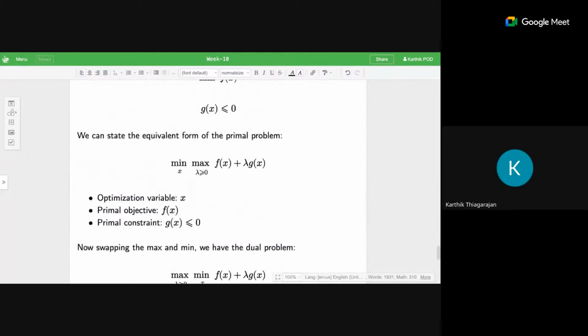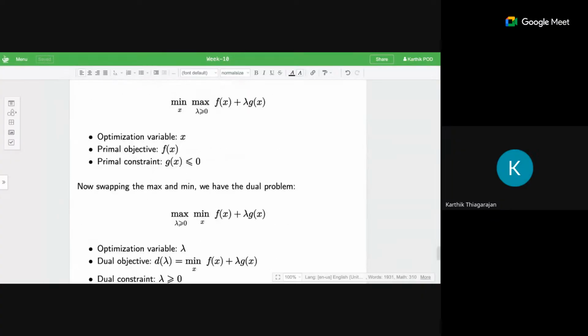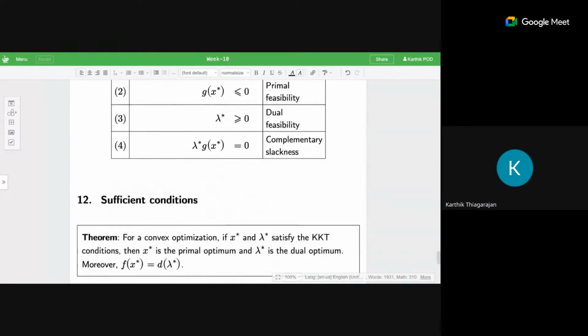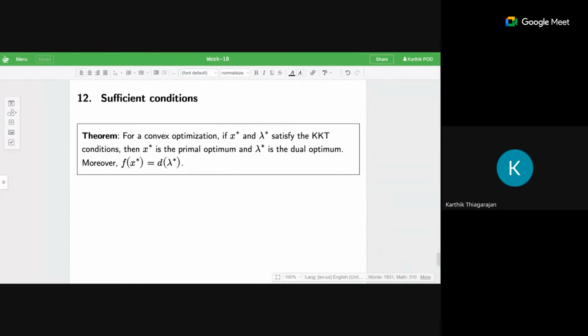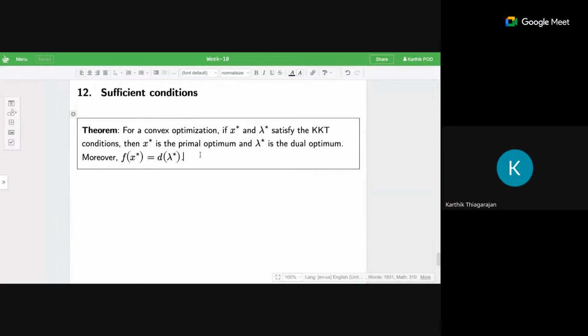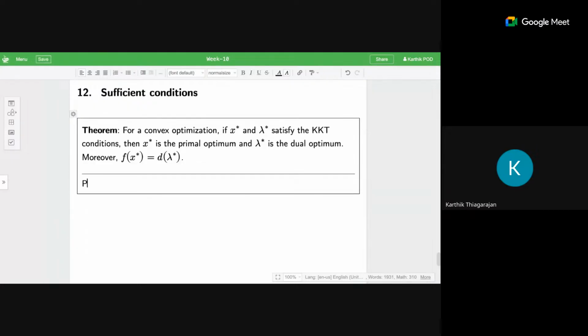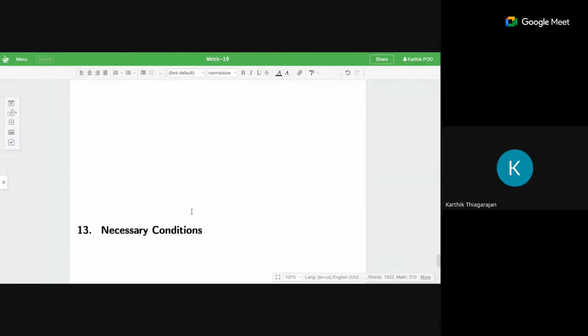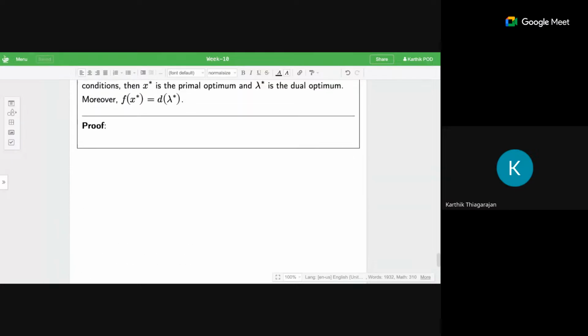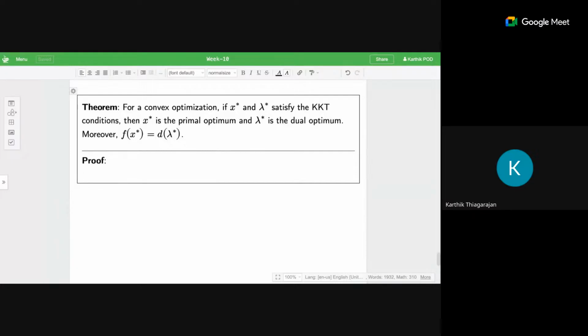That is the KKT condition, the dual objective. It is important to understand why this is true. Then we'll move on to necessary conditions, which are very similar to this, and then we'll see examples.